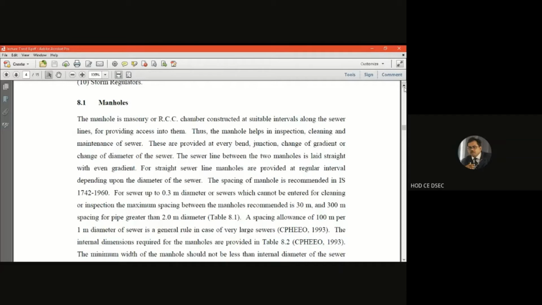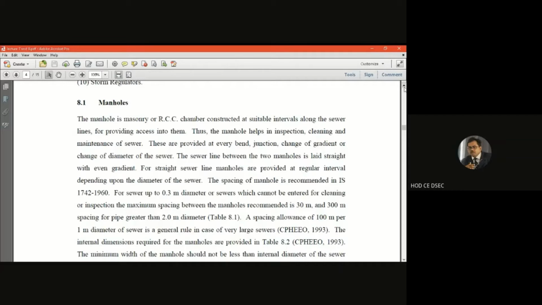Since it is underground construction, the structure has to be designed for the lateral pressure of the earth. With this consideration, there are two scenarios: one is masonry, and the other is the RCC chamber. These manholes are constructed at suitable intervals along the sewer lines so that persons can get access into the manhole for operation, cleaning and maintenance.